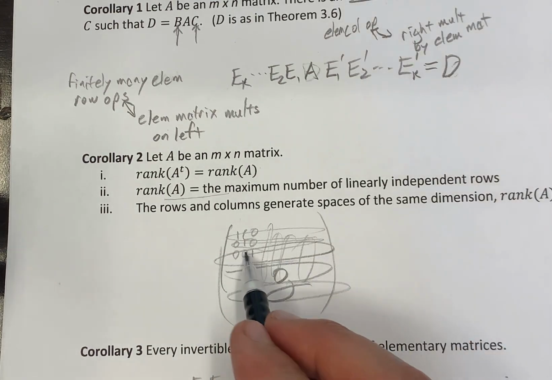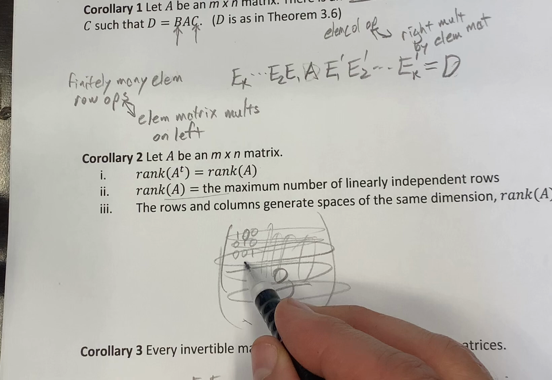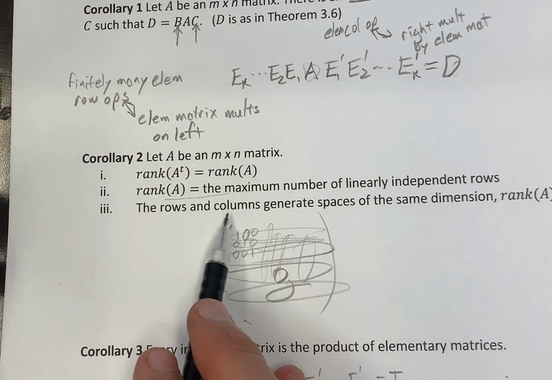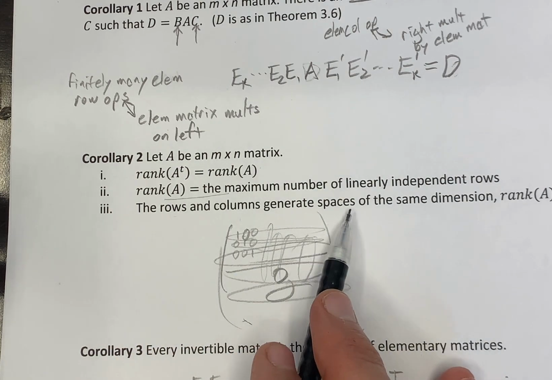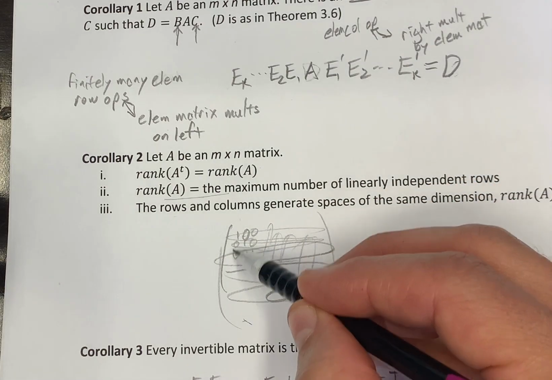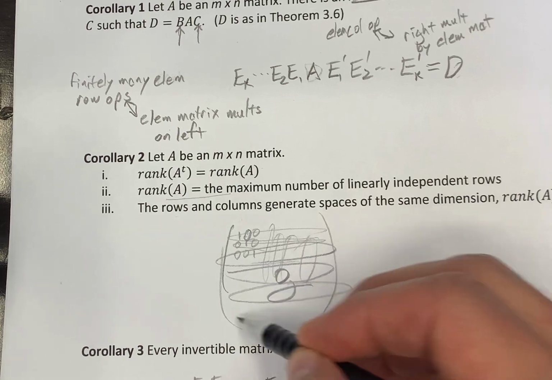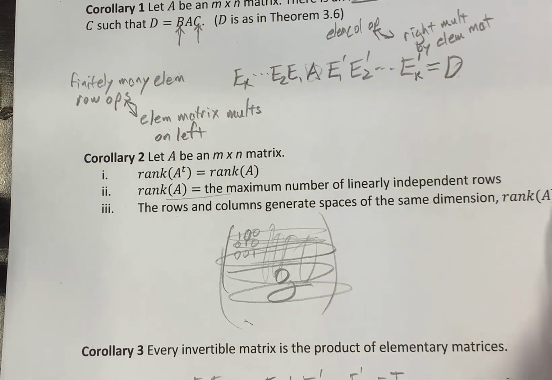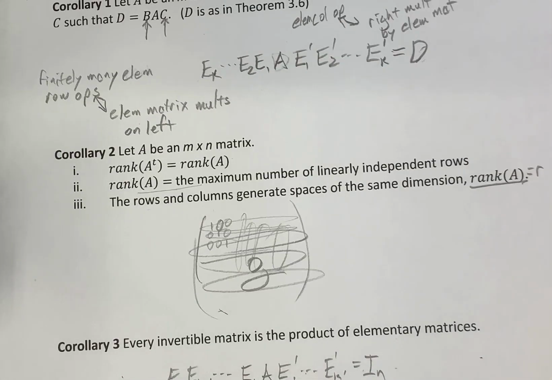The only ones that aren't are these, and they're all clearly linearly independent rows. And the rows or the columns generate spaces of the same dimension. And that's pretty clear here if the rows are 1, 0, 0, 0, 0, 0, 1, 0, 0, 0. And so you can count them up. And of course, the rank is going to be R, as in the theorem itself. I hope that's helpful.